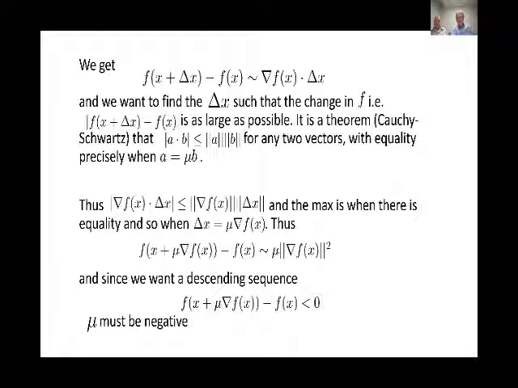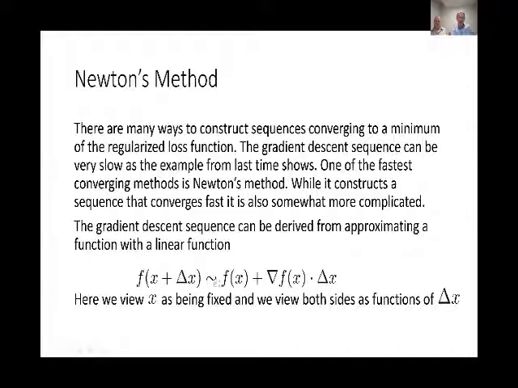The idea behind gradient descent here is that you can approximate a differentiable function with a linear function. The linear approximation is f of x plus delta x is close to the value at x plus the derivative of the function at x times delta x.